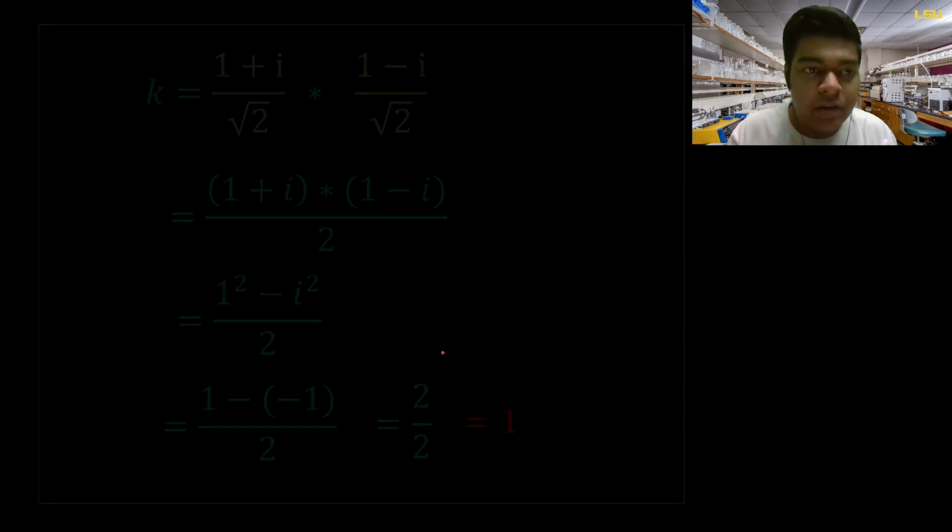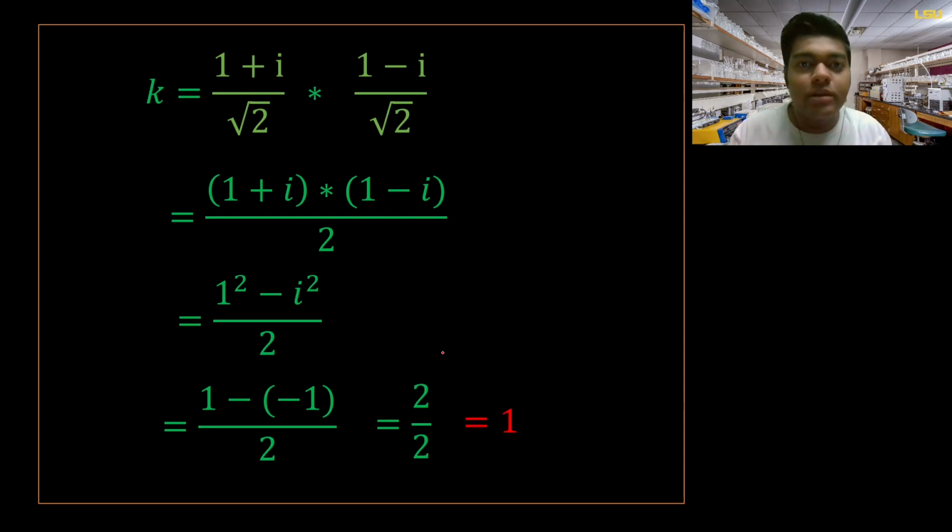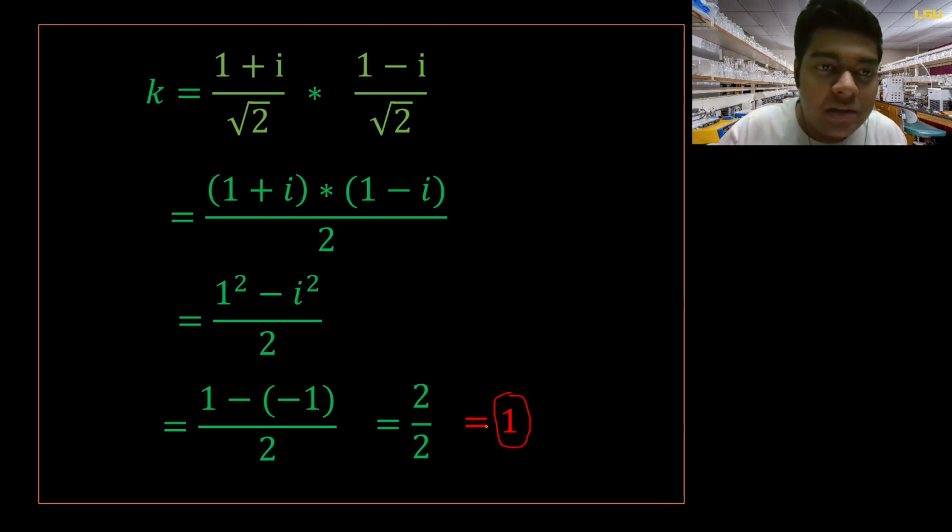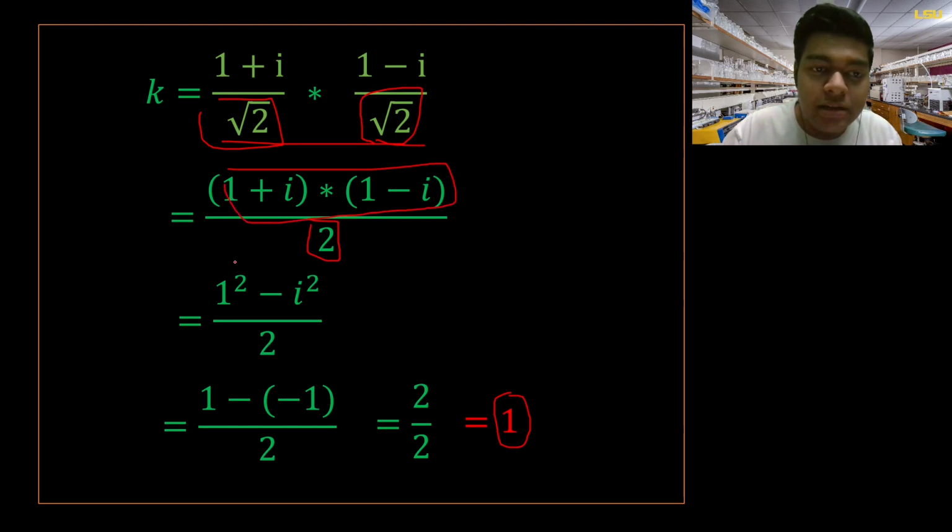All right. So this is what the result is. Just notice that at the end we will get 1 as the value for k. So let's try to work through it. As I just told you, the value for k is nothing but the multiplication of these two. So this root 2 in the denominator and this root 2 come together to make this 2, and then we multiply the two numerators, and it is just a plus b into a minus b, so it's a square minus b square, as you can see here.